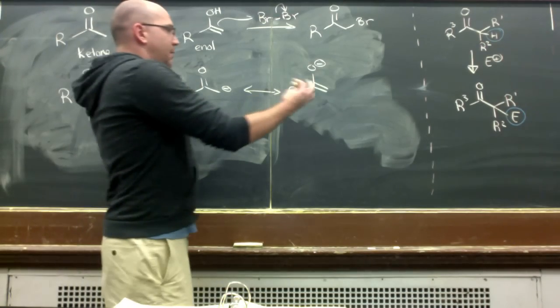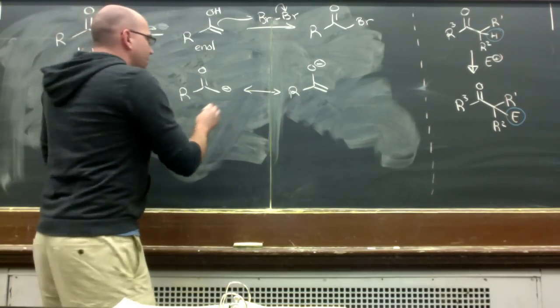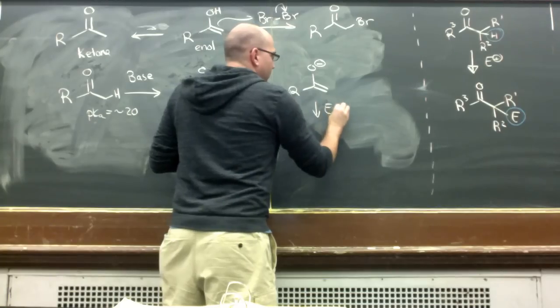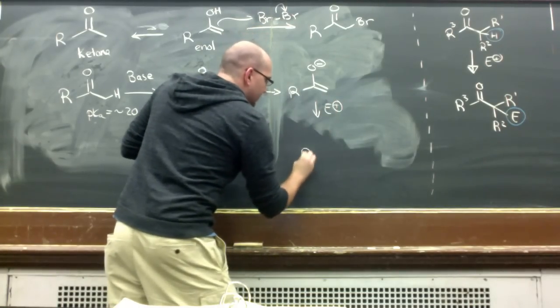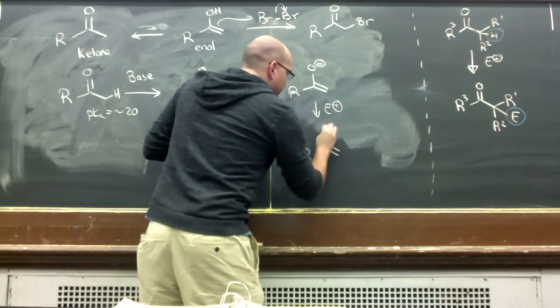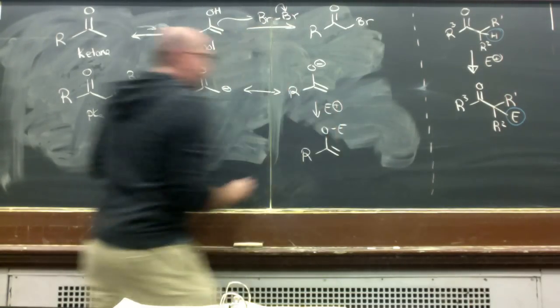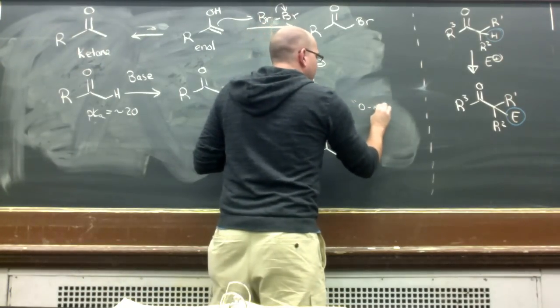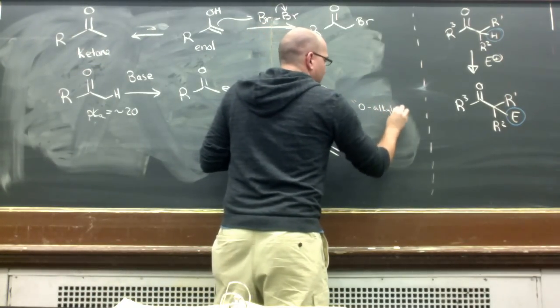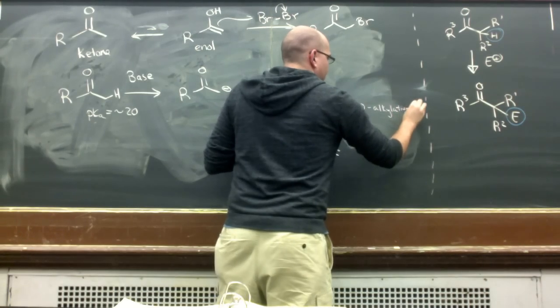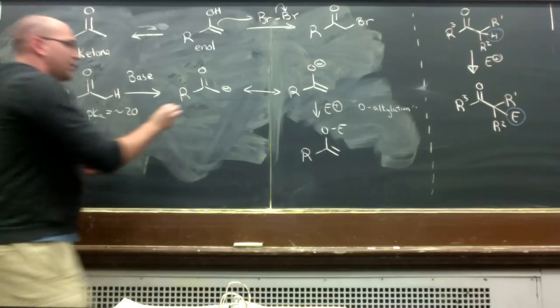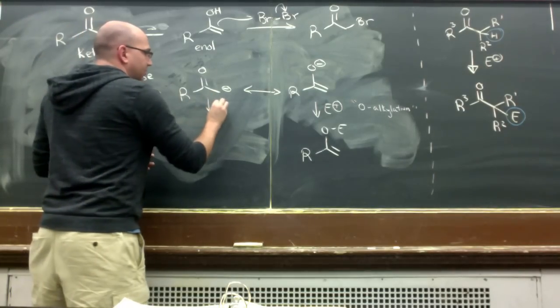But there's chemistry where you can take electrophiles and either do what we call O-alkylation, or, what we're going to focus on in today's class, C-alkylation.